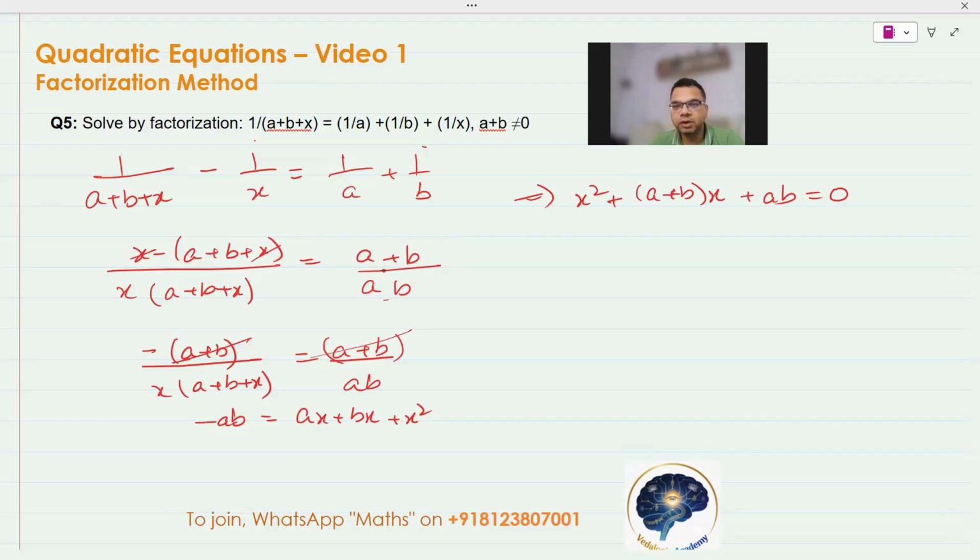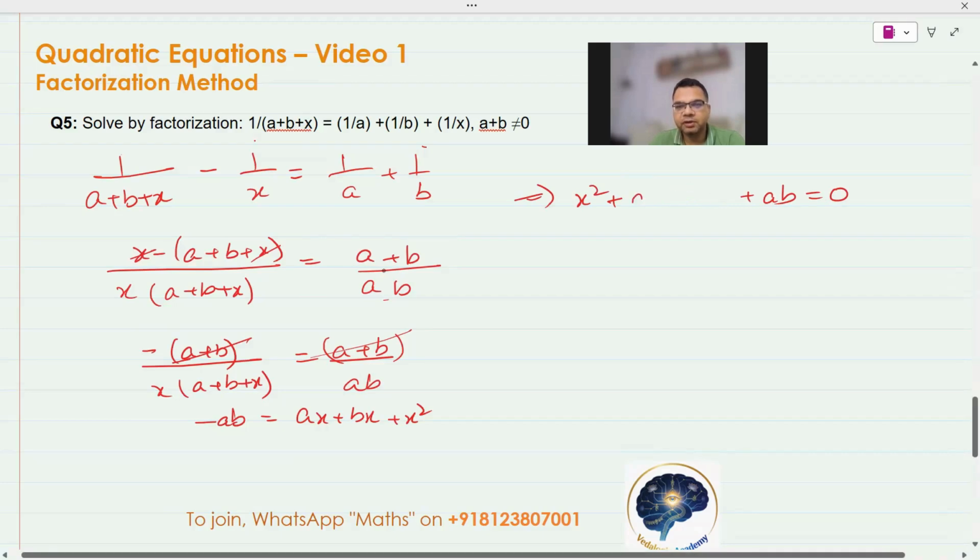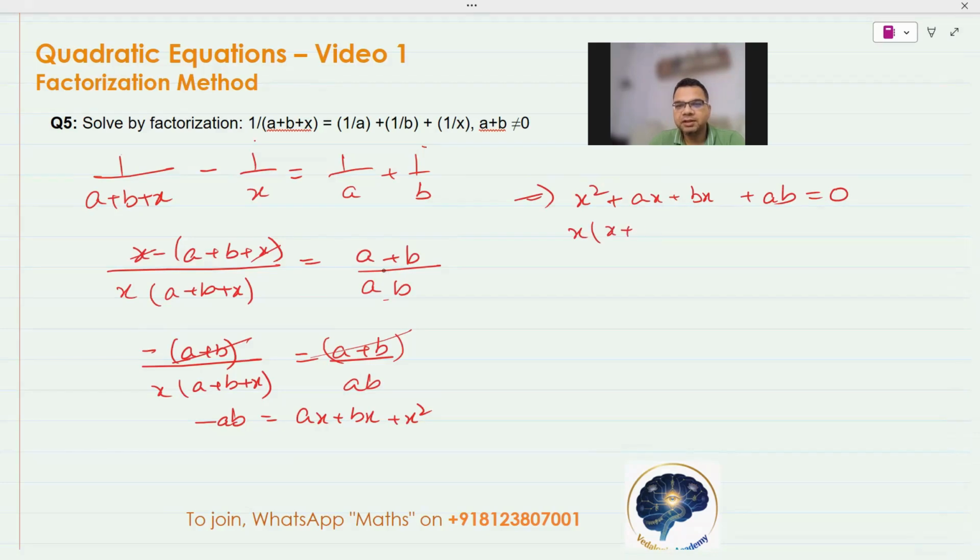From here itself you can see, or you can do, okay, wait a minute. This is x squared plus ax plus bx plus ab. So I'll take x common from here, x plus a, and I'll take b common from here. It becomes x plus a again. When I take it common, it becomes x plus a into x plus b equals 0.